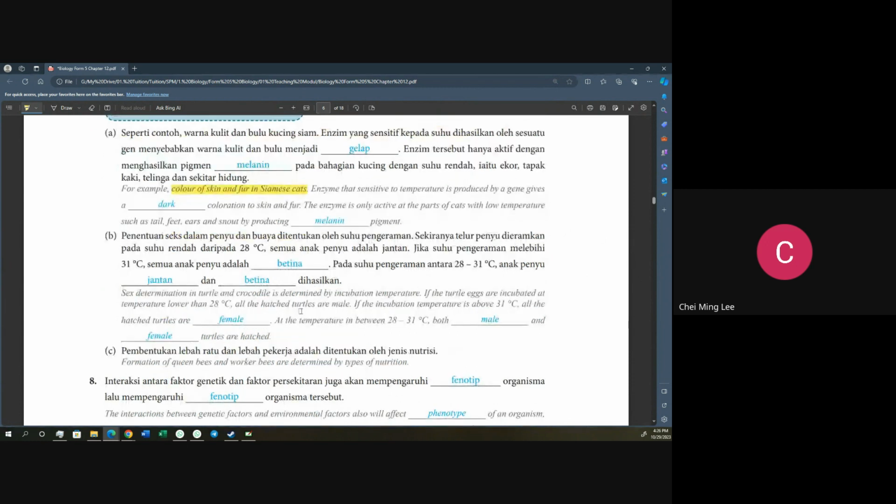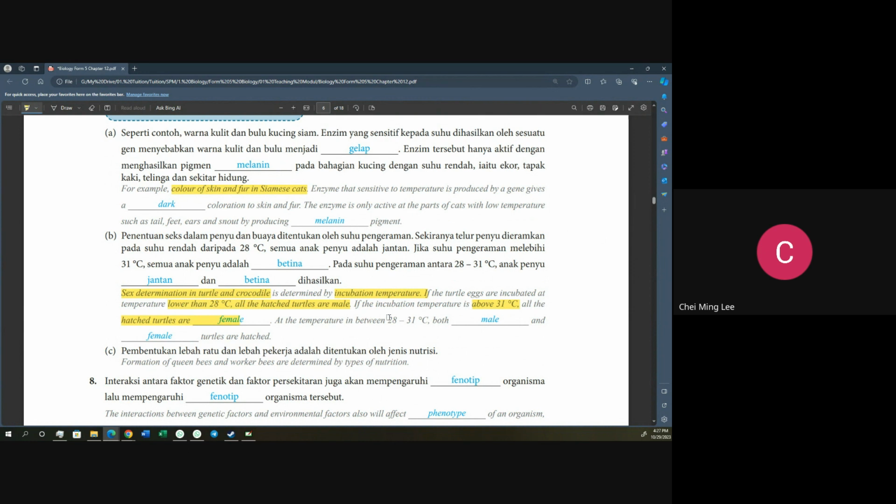Now, sex determination in turtles and crocodiles is determined by incubation temperature. If the turtle eggs are incubated at a temperature lower than 28, all the hatched turtles are male. When it's above 31, all hatched turtles are female.